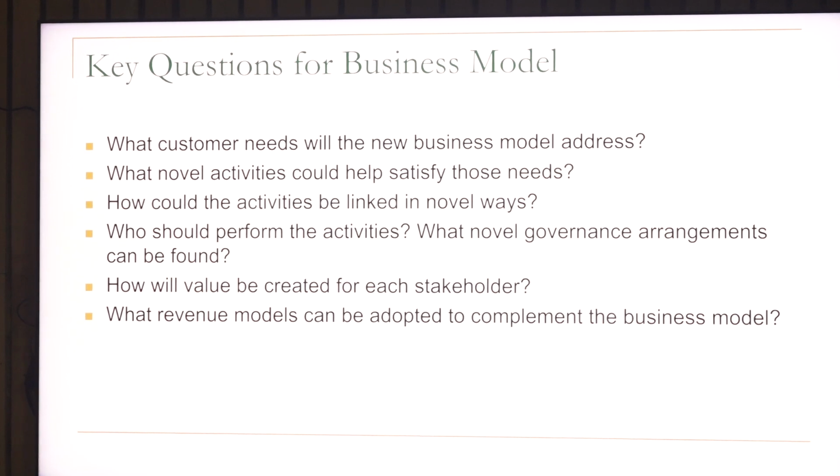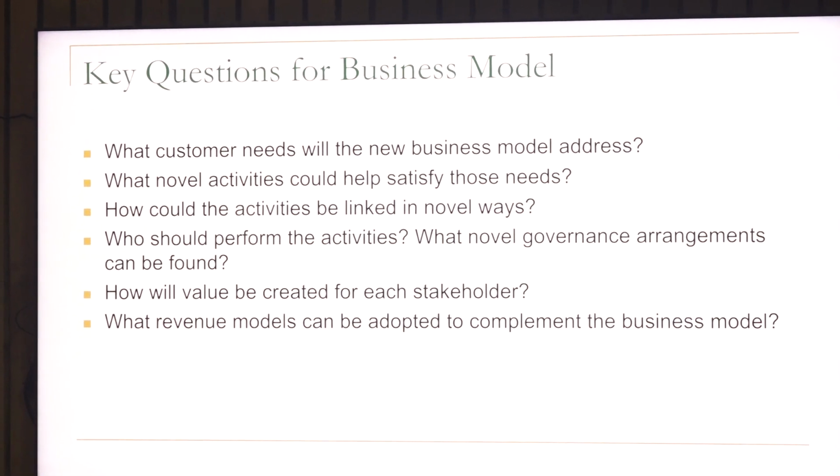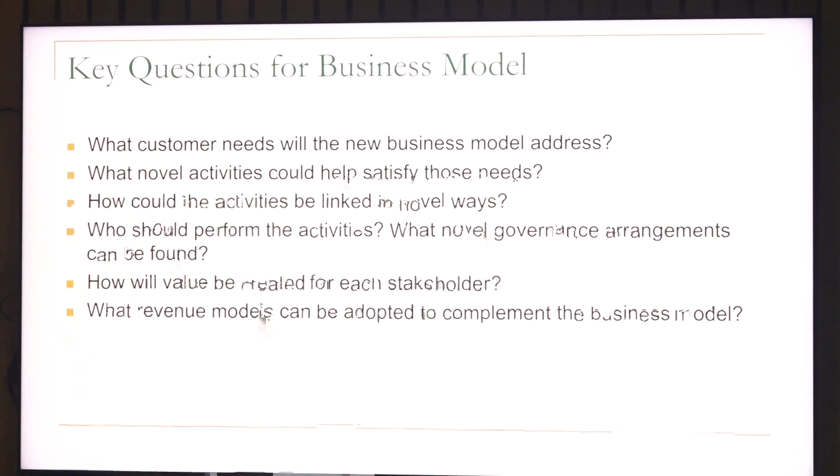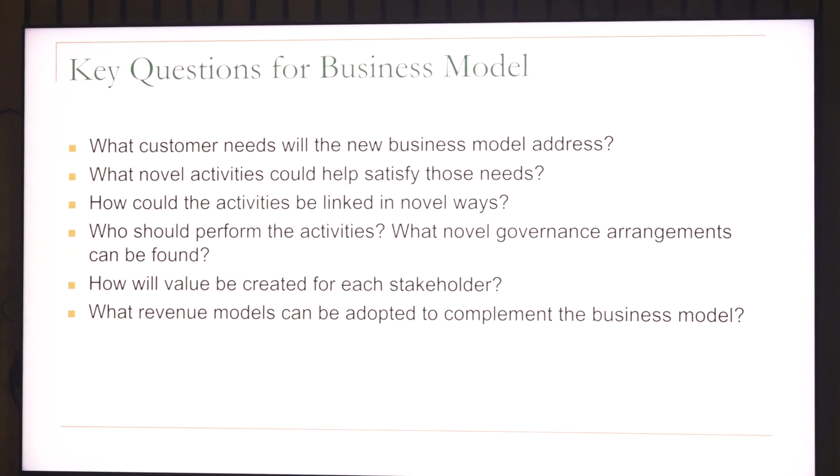Then how will value be created for each stakeholder, all your partners? Not only partners but from a societal point of view also. Then what revenue models can be adopted to complement the business model? Ultimately people say money is honey. So that comes to money.